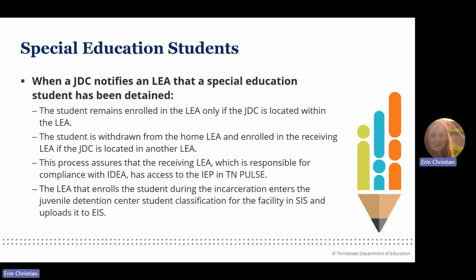This process assures that the receiving LEA, which is responsible for compliance with IDEA, has access to the IEP in 10 Pulse. The LEA that enrolls the student during the incarceration enters the Juvenile Detention Center student classification for the facility in SIS and uploads it to EIS.